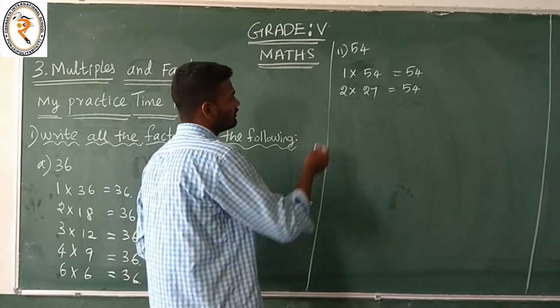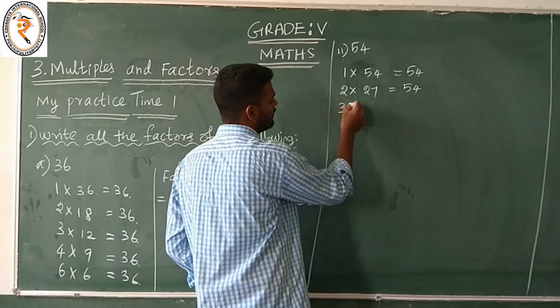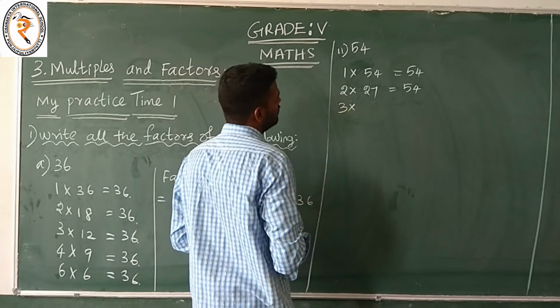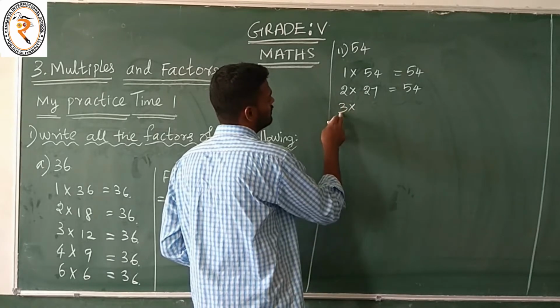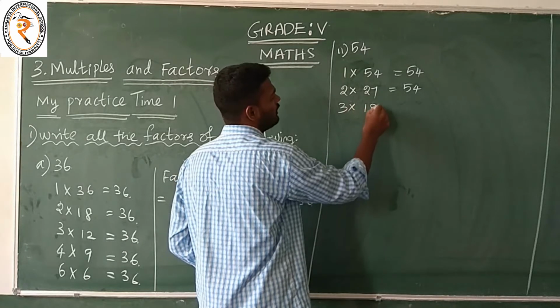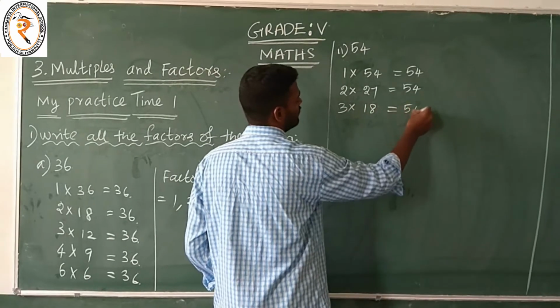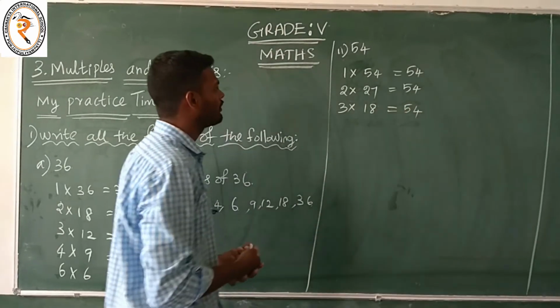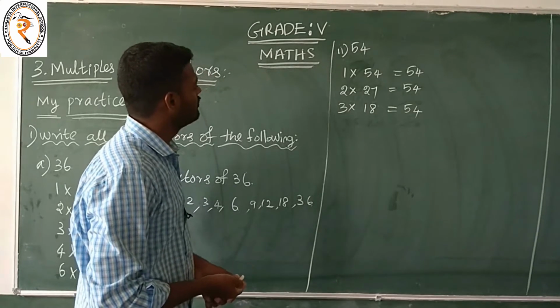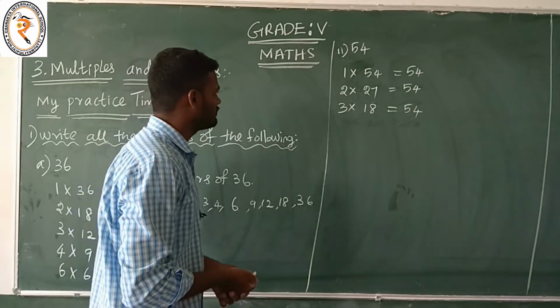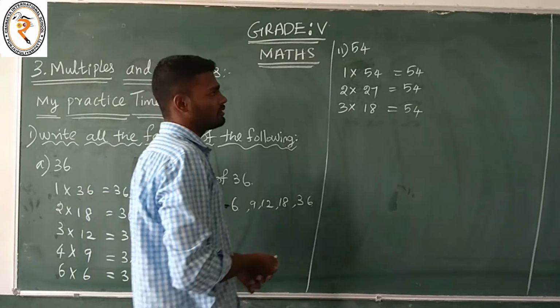In the third table, 3 18s are 54. In the fourth table, 54 does not come, and the fifth table also not.